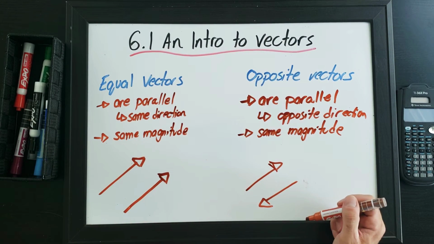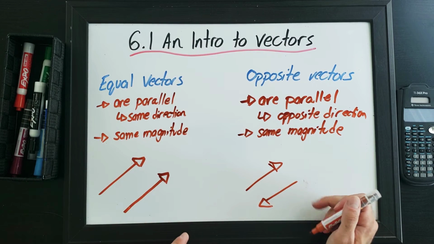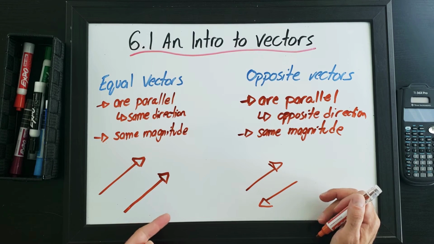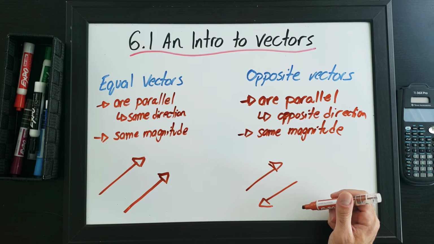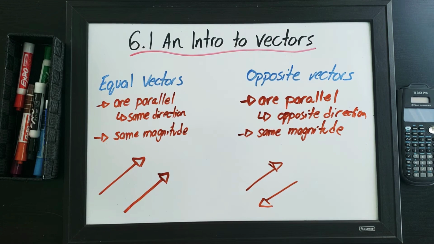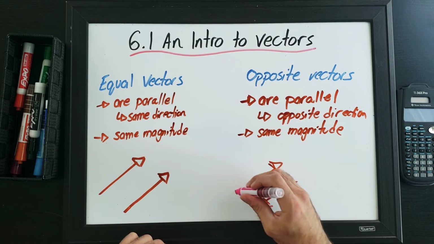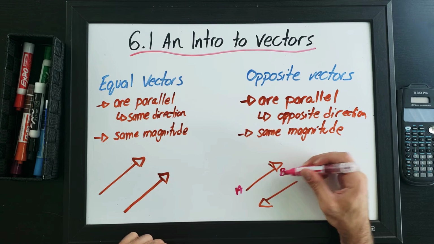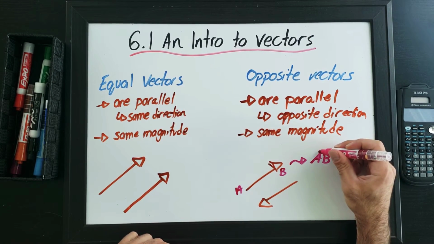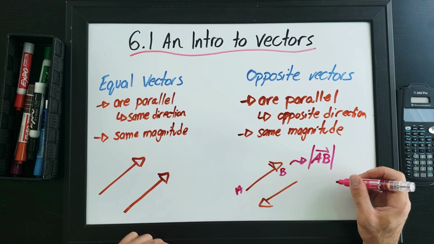So I mean, it makes sense, but now we're going to use vectors just to analyze the simple math that we've been doing since grade 9. It's going to get a little more complicated, but this is pretty much it. The last thing I want to say is, let's say this is vector AB. We can call this vector AB with an arrow on top, absolute value.